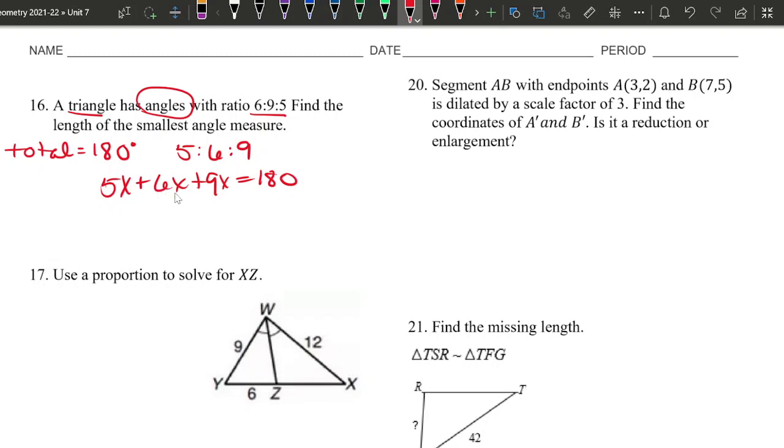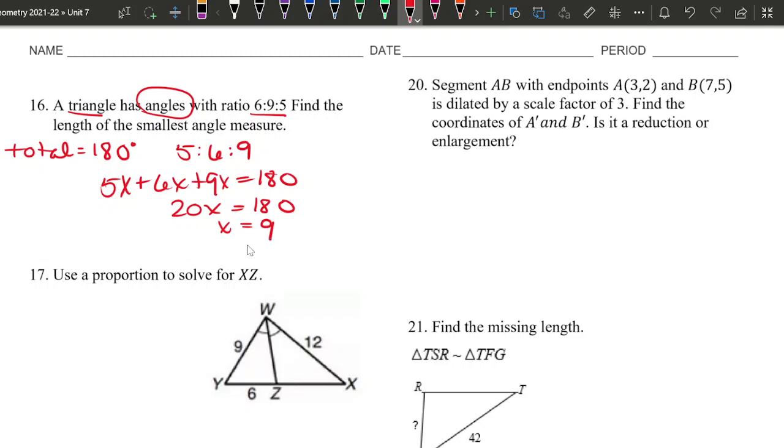So if we add it up, then we get 20x, right? Yeah. 20x equals 180. Divide by 20. So x equals 9.